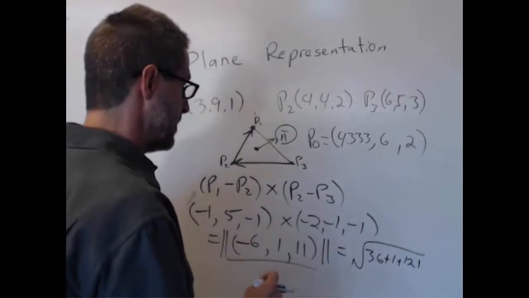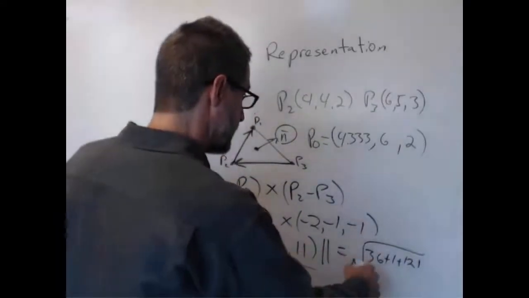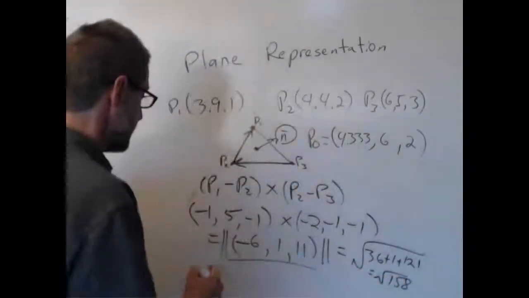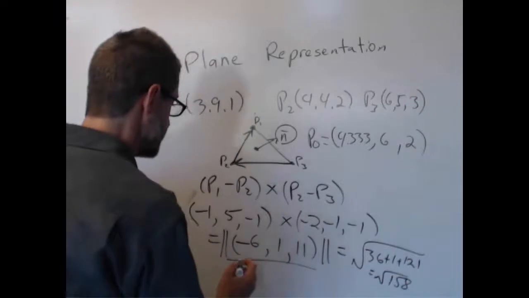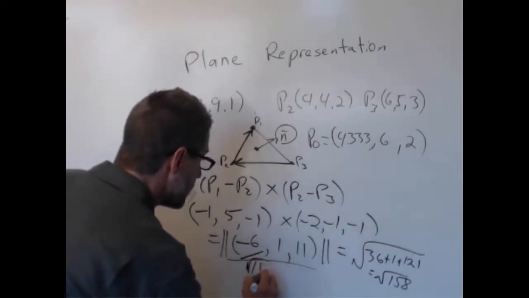So that's 158, I guess. So square root of 158. So I would take each of these terms and divide it by the square root of 158.